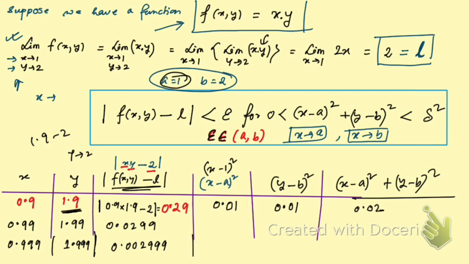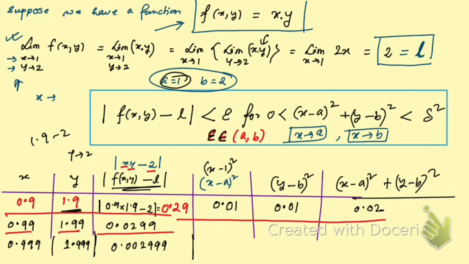Similarly for the other values, let me underline here. For this pair of values of x and y, we have got this value, and here we're going to have 0.01 on squaring, it's going to be 0.001.